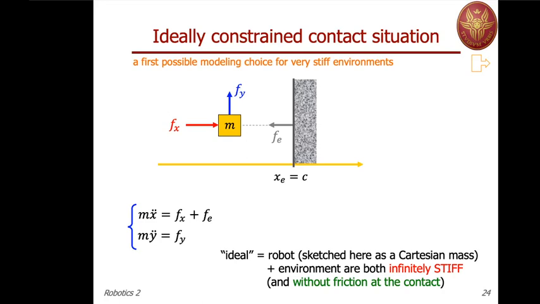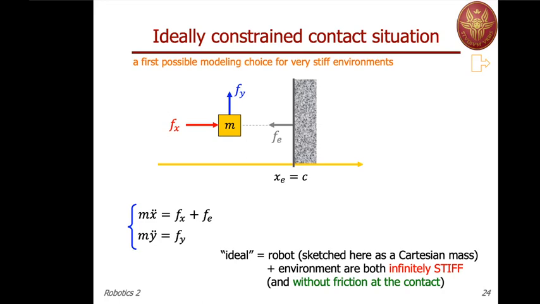So here we may have started with a 2R robot moving in the plane, vertical or horizontal, we don't care. Feedback linearization has achieved this type of result, at least as long as the end effector is moving in free motion.